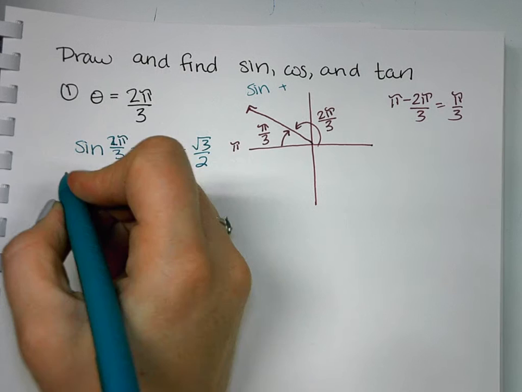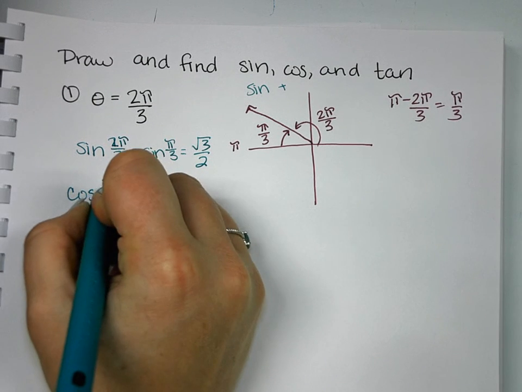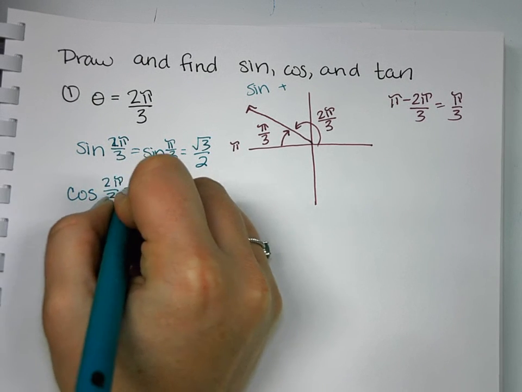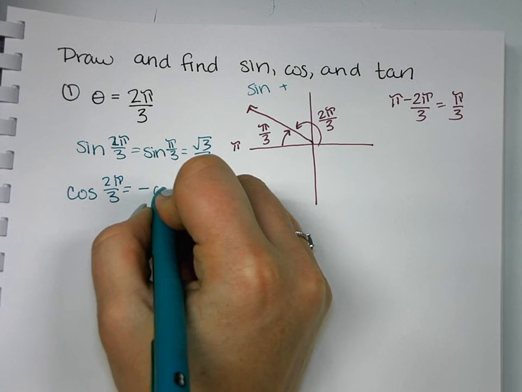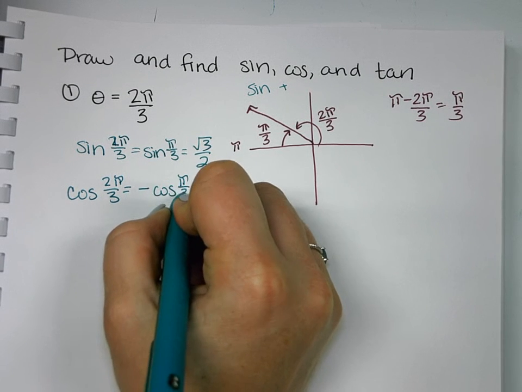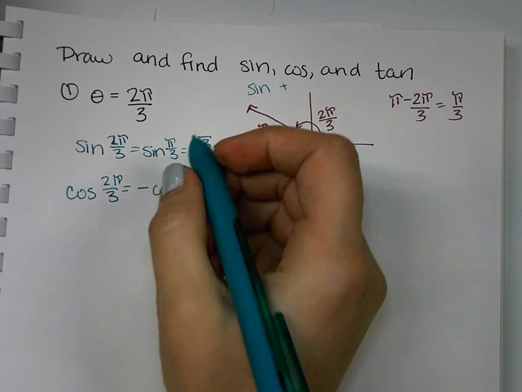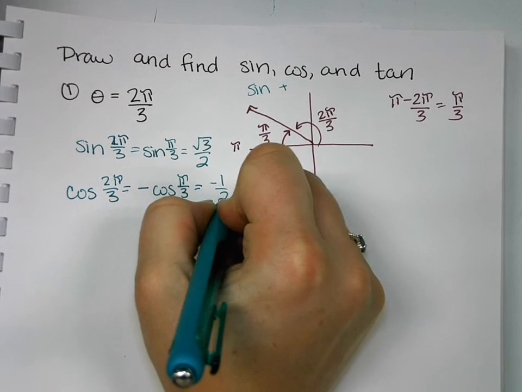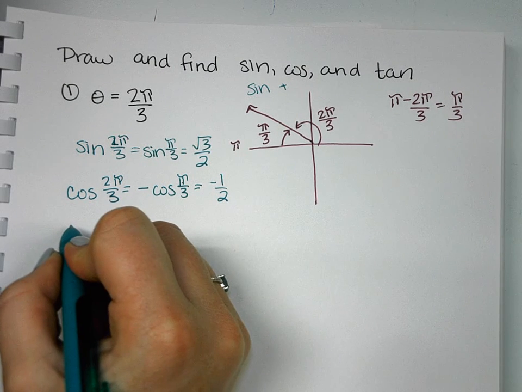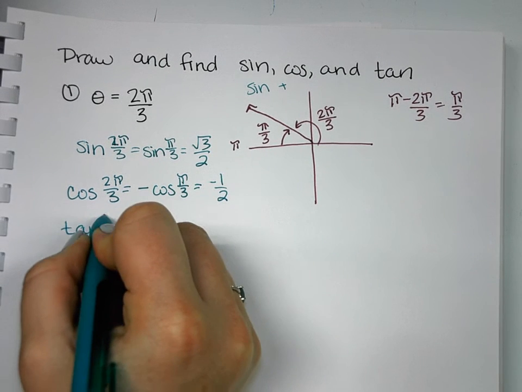Now cosine of 2 pi over 3, that's going to be the negative version of cosine pi over 3, because cosine's negative over here. The numerical value is the same, but the cosine is negative. So negative cosine of pi over 3 would give me negative 1/2. And then lastly, tangent of 2 pi over 3.